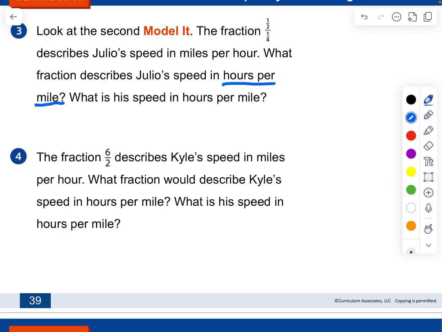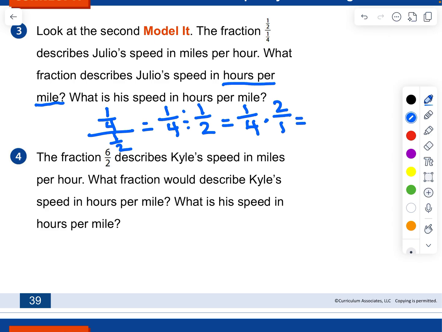So a lot of times when we're looking at unit rates, we have to look at the order that the words are given to us, or the units. Hours per mile would be 1/4 to 1/2, which is 1/4 divided by 1/2, which is also 1/4 times the reciprocal, 2/1, which is 2/4.